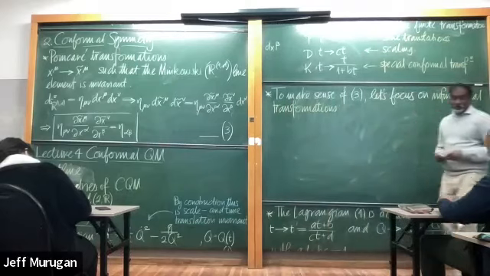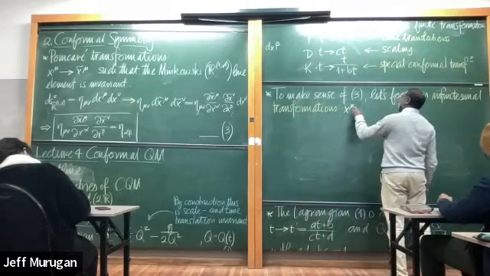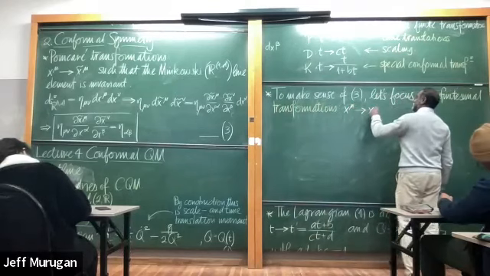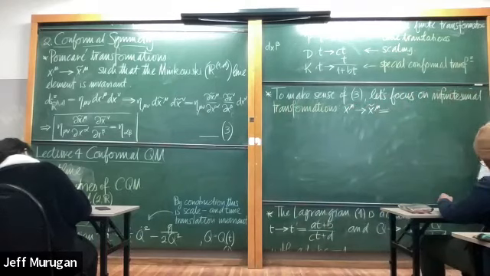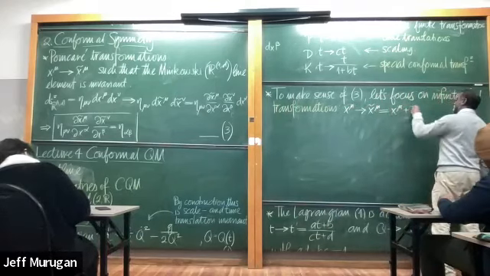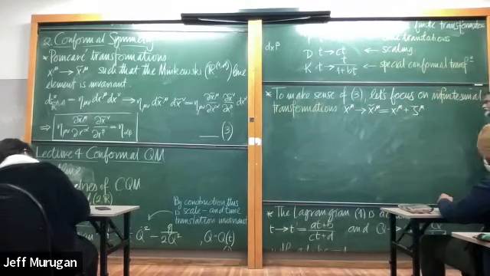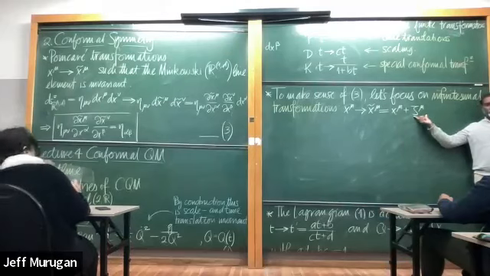These transformations are from x mu going to x mu tilde, and x mu tilde to first order is going to be x mu plus some zeta mu, where this side is small relative to this, component by component.